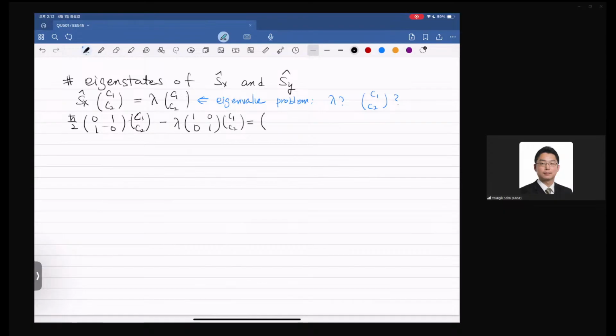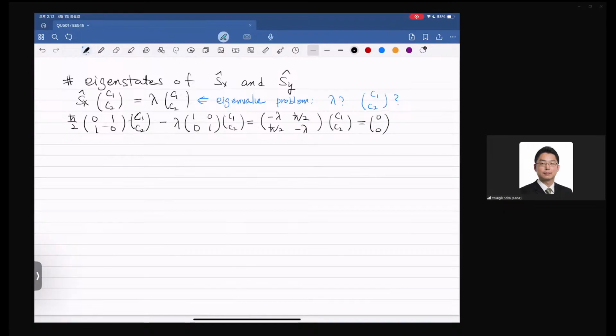Then you can convert this into this equation, but it needs to be 0.